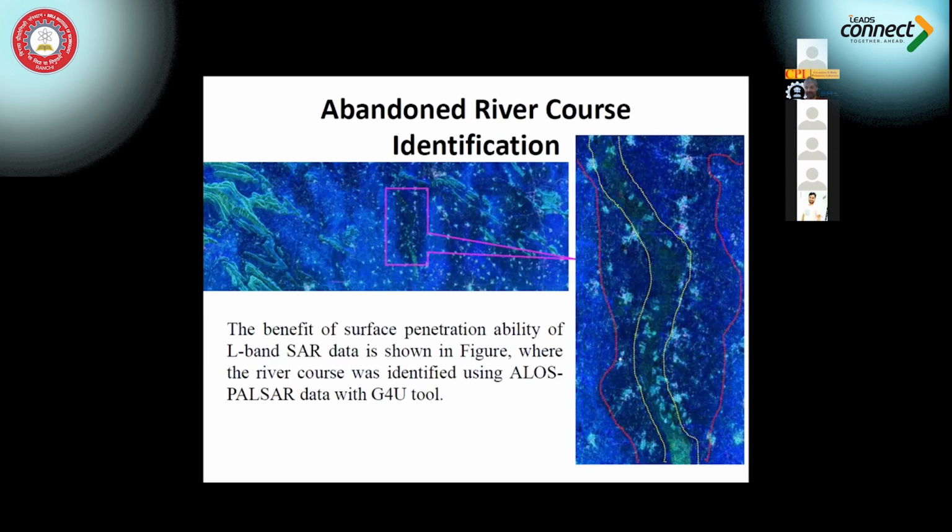The surrounding area has villages, and some moisture is different from the river course, and it's giving that distinct pattern. So you can easily identify that abandoned river course. And this is the L-band data. L-band has a significant penetration capability and will show such kind of phenomenon.